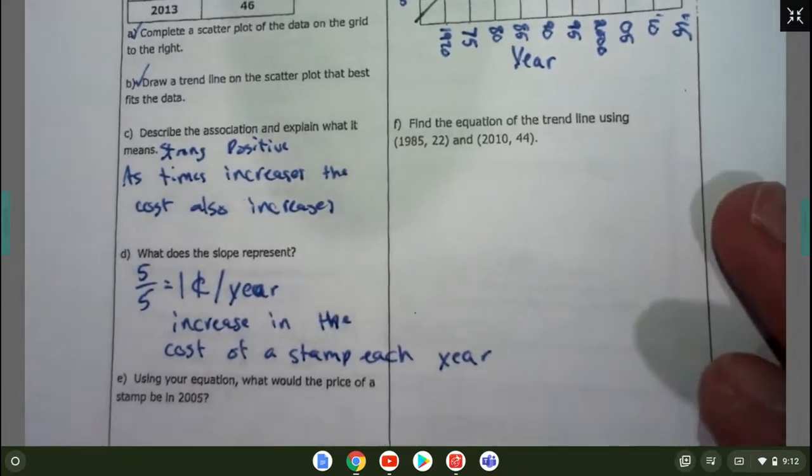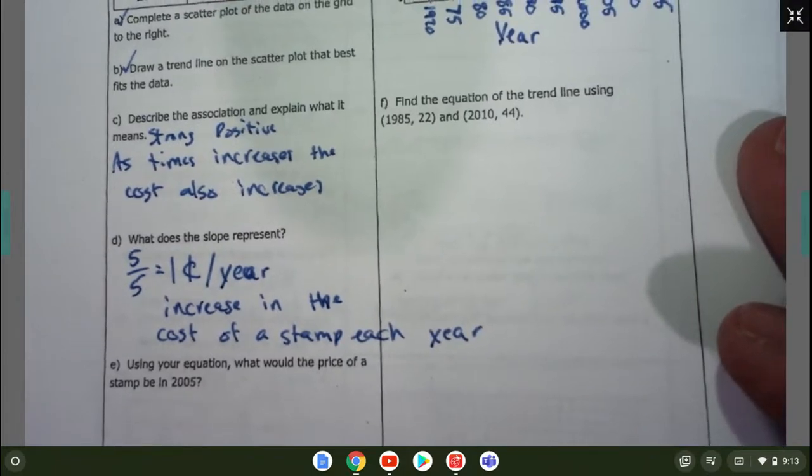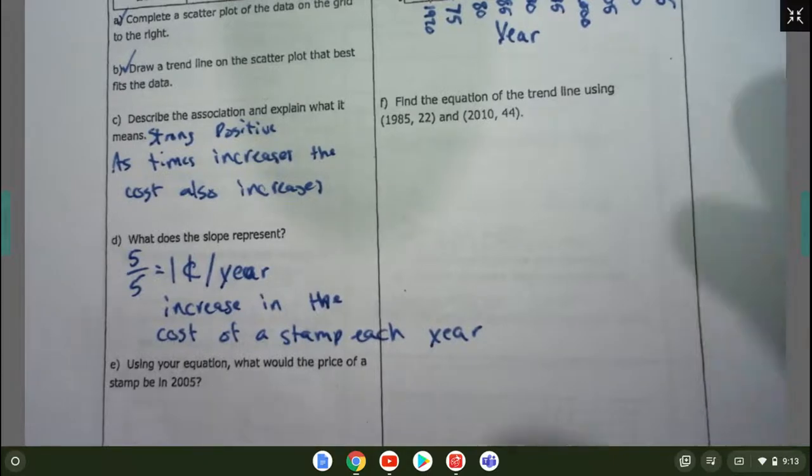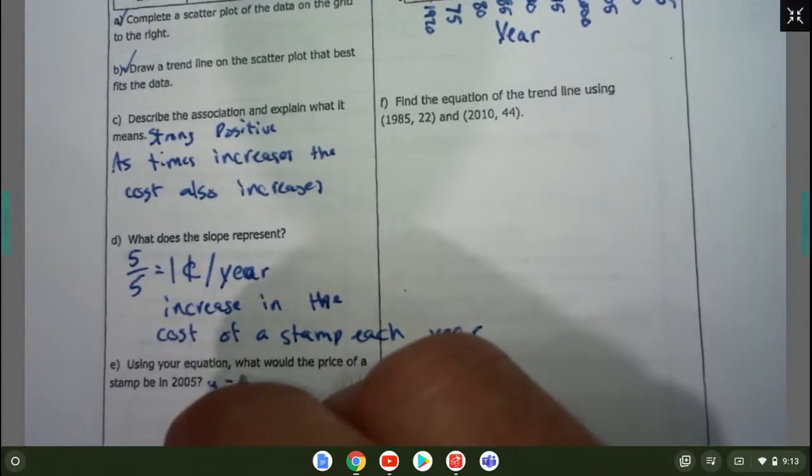It says using your equation, what would the price of a stamp be in 2005? Does it ever actually ask for the equation? It never actually asked for the equation, but it says using your equation, so we better have one, I guess. Y equals, well, that was just 1x, right?